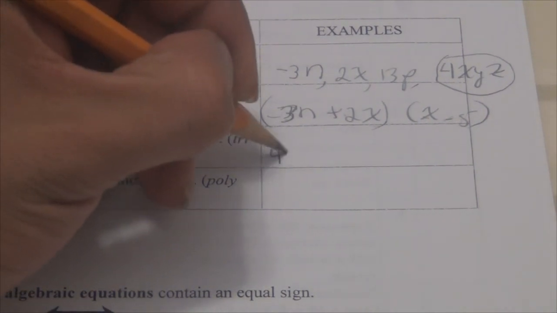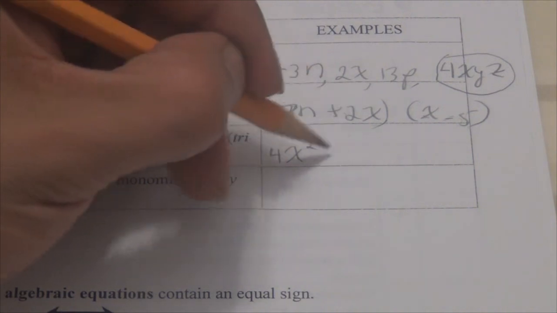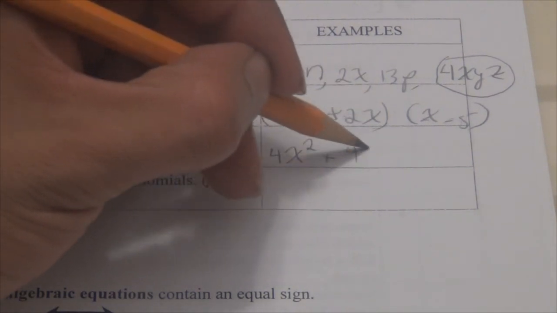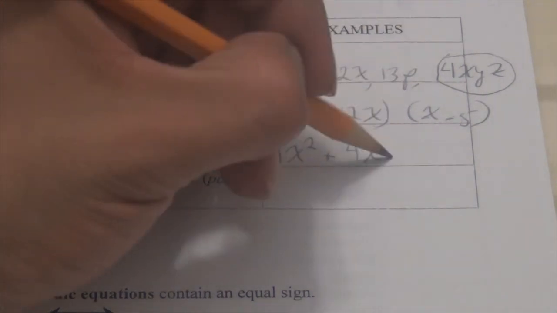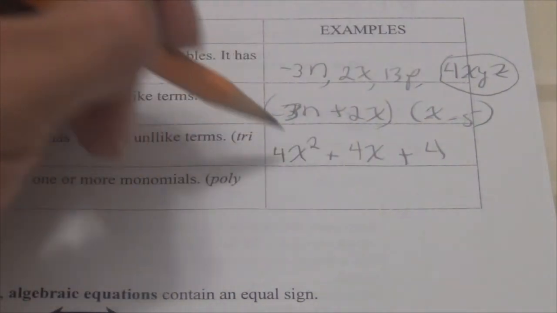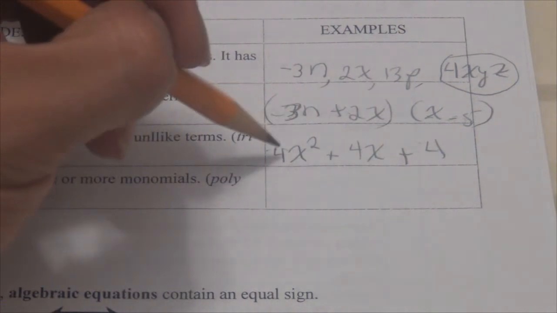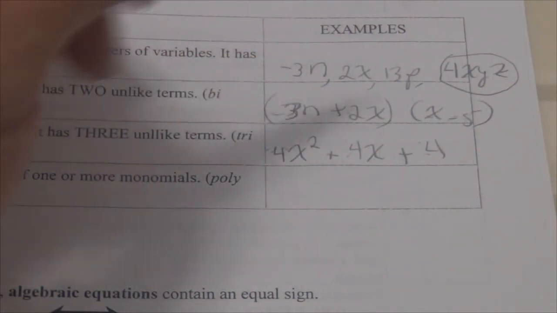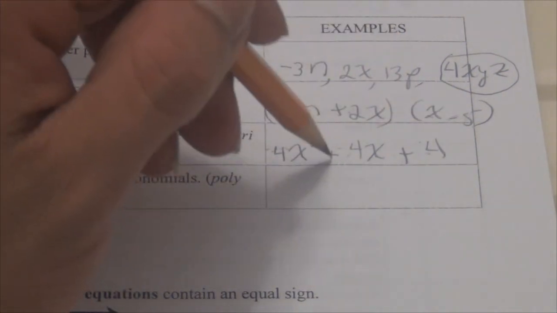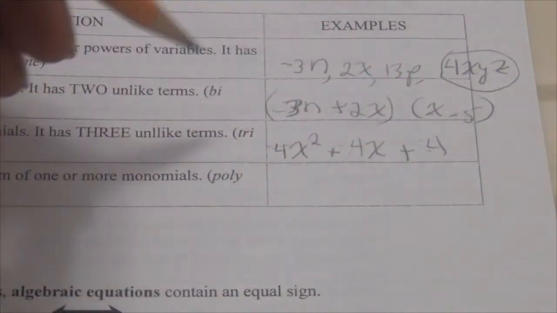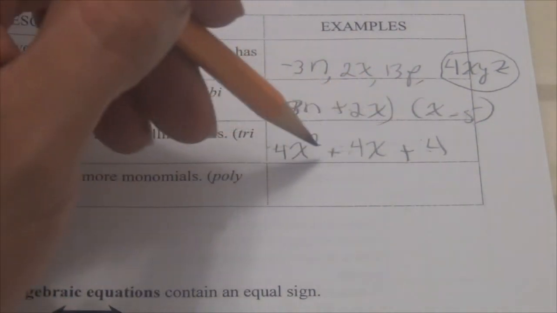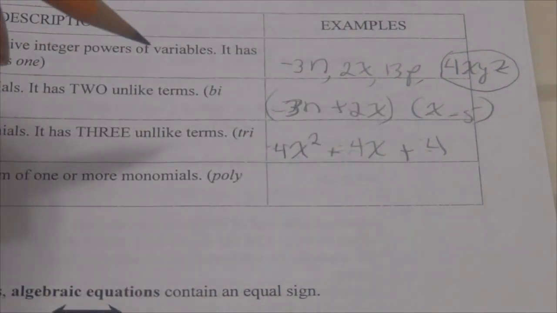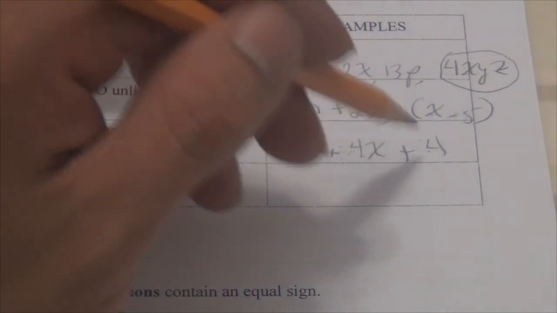Let's try 4x squared plus 4x plus 4. I know this really doesn't matter, it's irrelevant. This could have been a 5, a 3, and a 7. It doesn't matter. The thing is that it is a trinomial because it is separated by pluses or minuses. You see that? The operation plus or minus, addition, subtraction, whatever you want to call it, that's what separates them. Got it? So 1, 2, 3.